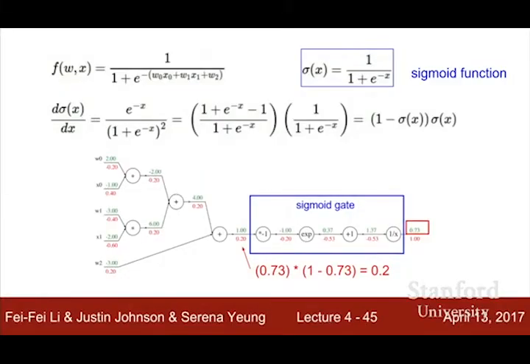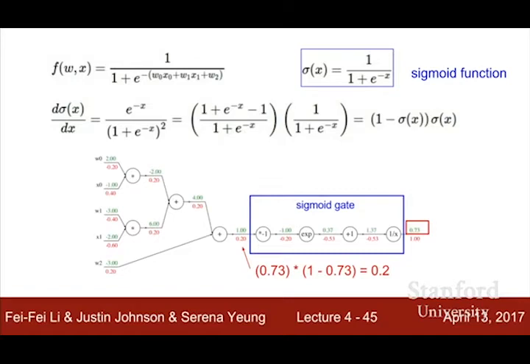Okay, so we talked about how we could group this set of nodes together into a sigmoid gate, and just to confirm that this is exactly equivalent, we can plug this in. Our input to the sigmoid gate is going to be 1 in green, and the output is going to be 0.73.